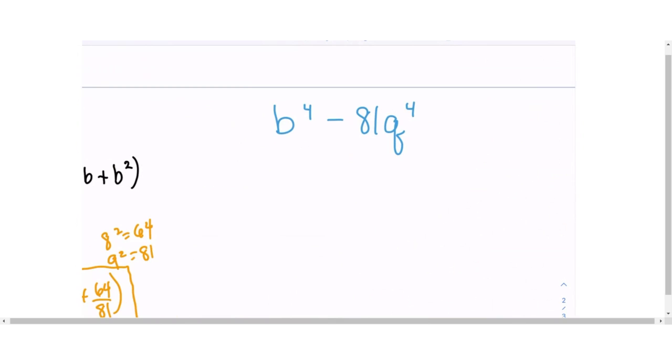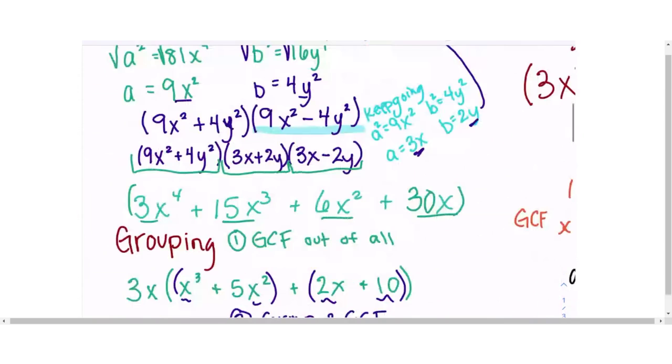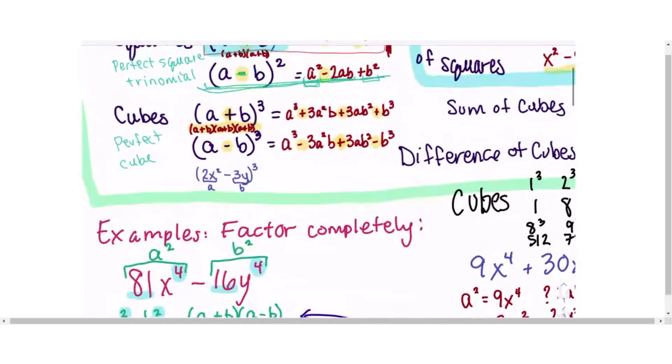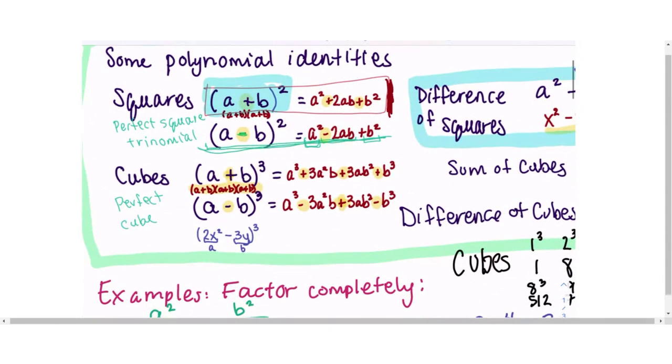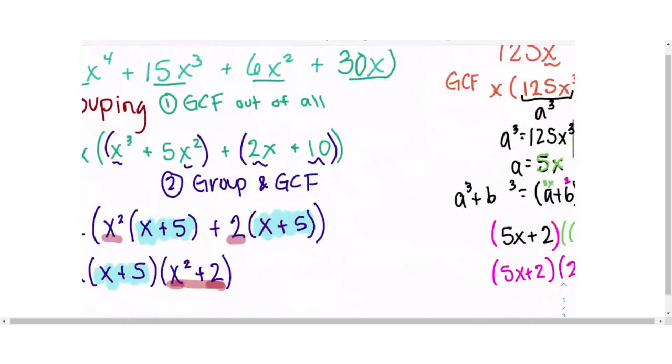This one is going to follow a pattern kind of like the first one that we did. So I can see that the a squared, so this is the squares, like it's the difference of squares. Like the one below, so like this one right here. So it's going to follow that pattern.